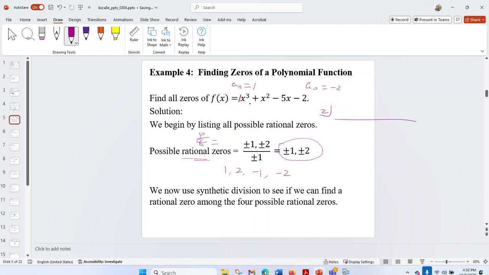So this one will be 1, 1, -5, -2. Pull the first one down. 2 times 1 is 2, and then add, so that's 3. Multiply 3 by 2 is 6, and then add them together is 1. 2 times 1 is 2, so the remainder is 0.